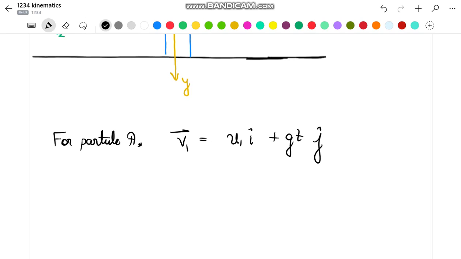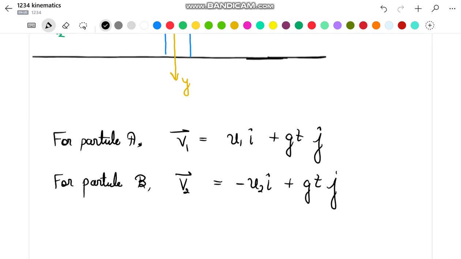Similarly for particle B, its velocity at any time t will be equal to minus u2 i cap, since I have taken the direction towards the right as positive x, so its initial velocity was minus u2 i cap, and at time t its velocity in the y direction will be equal to gt.